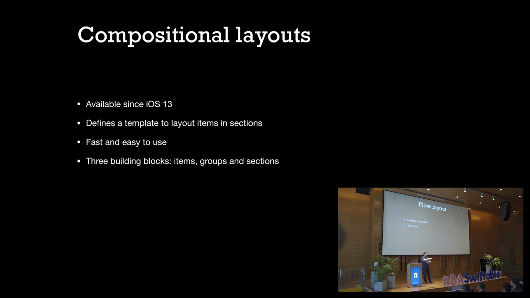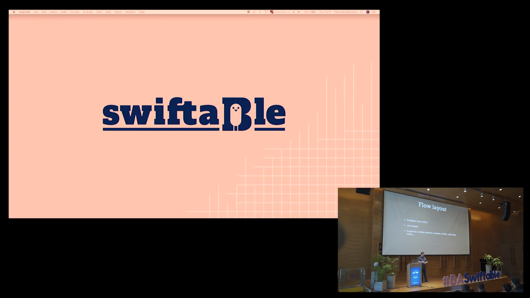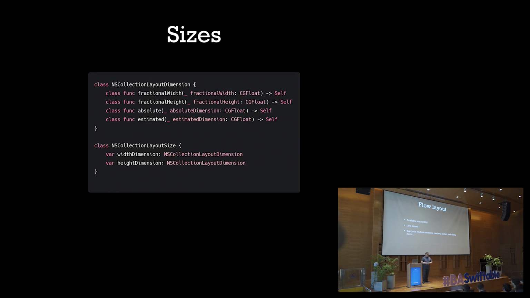And what Apple does is give us the flow layout by default. It's a stock layout. It's available since iOS 6. It's line-based. This means that it will place an item, and then another next to it, and when the line is full, it will go to a new line. And it supports sections, headers, footers, self-sizing items.